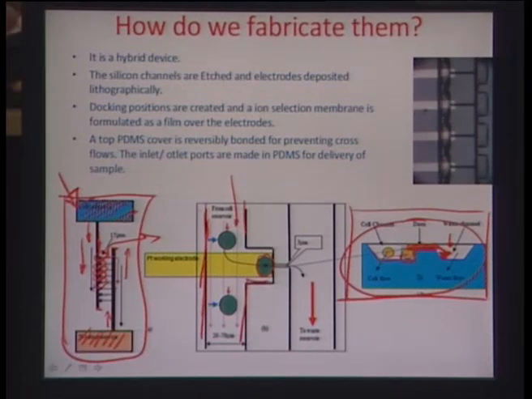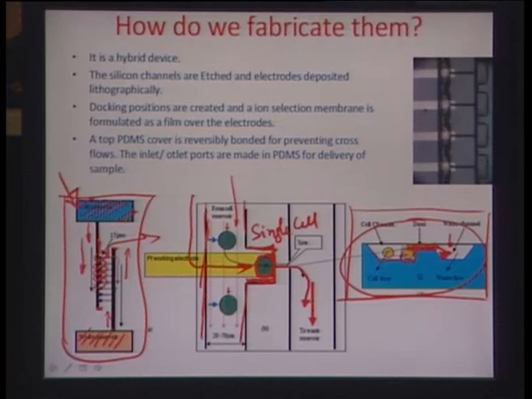So, the fluid comes like this, goes into this area because it cannot go ahead anymore, because it has a blocking here, there is a certain pressure here, and it comes and positions the cell and moves out into the waste reservoir, something like this. But then we can actually make the docking station of the size of a single cell. Okay. So, therefore, if it is 15 by 15 microns and we assume the diameter of this particular mammalian cell to be about 15 microns, this is what happens.